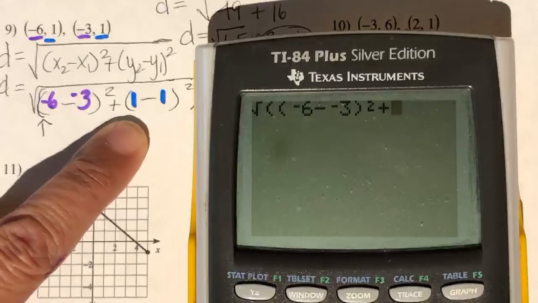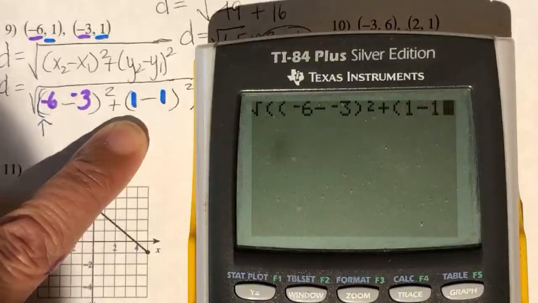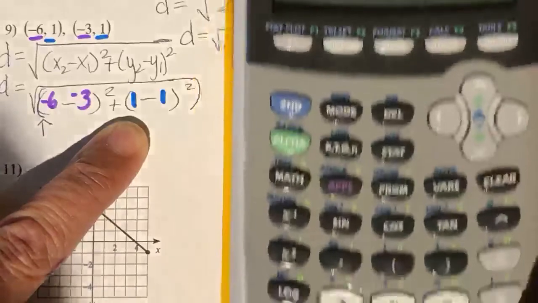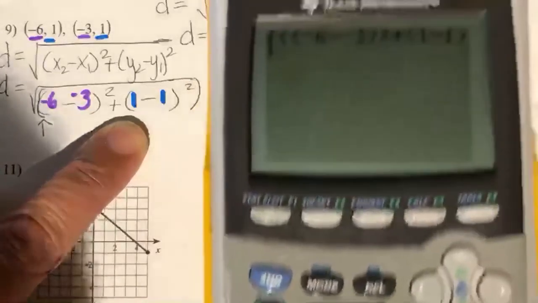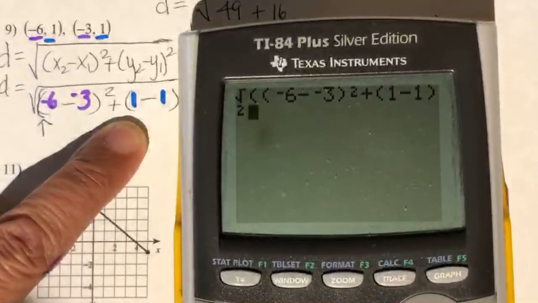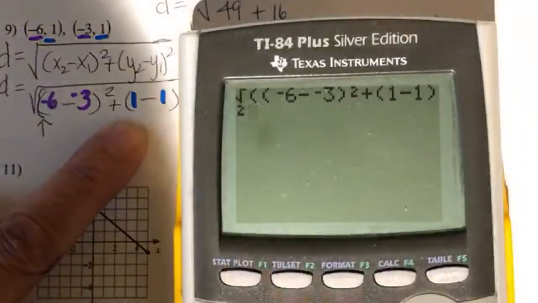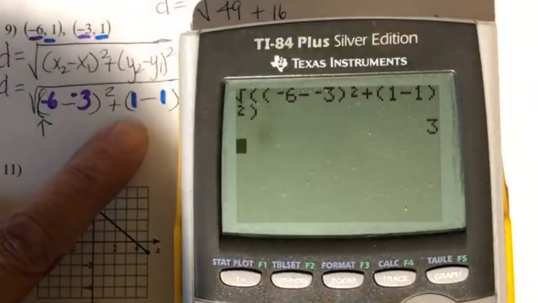Plus, parentheses, 1 minus 1, close parentheses, squared. You hit the x squared button. Okay? But remember, we added an extra parentheses at the beginning, right? So that double parentheses we have in the beginning, I have to close it now. So I'm going to close it, and I'm going to hit enter, and there's your answer, 3.